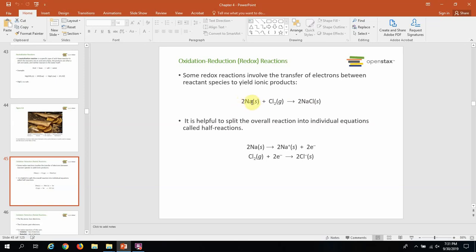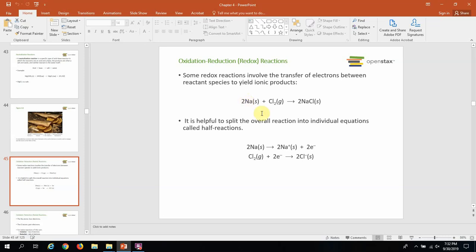So in this case, sodium as an element, all elements are said to have an oxidation number of 0. And in a compound, it has a charge of +1. In this case, on sodium, the charge is the same as the oxidation number. And this underwent a change in oxidation number.